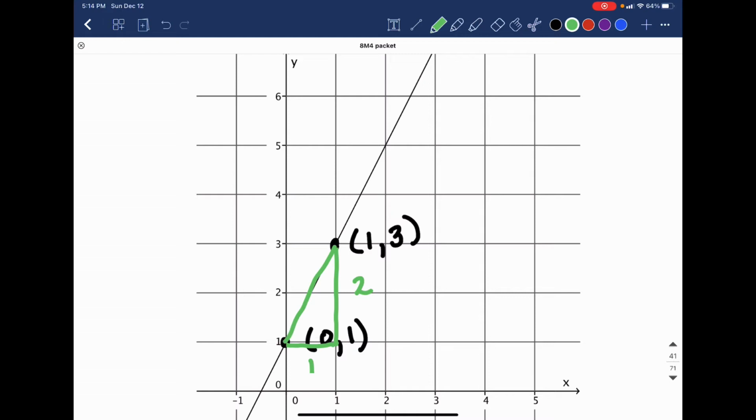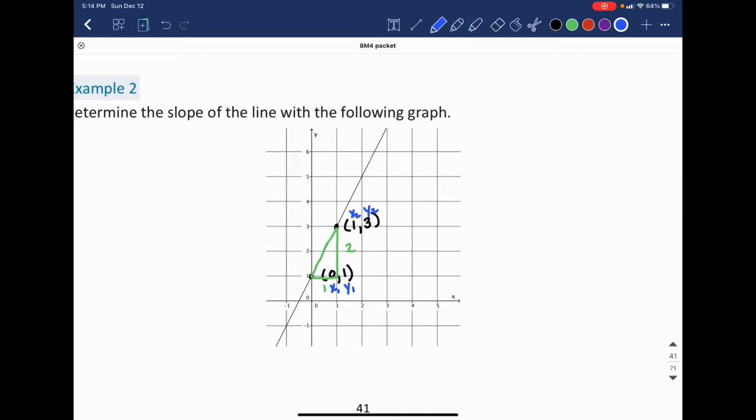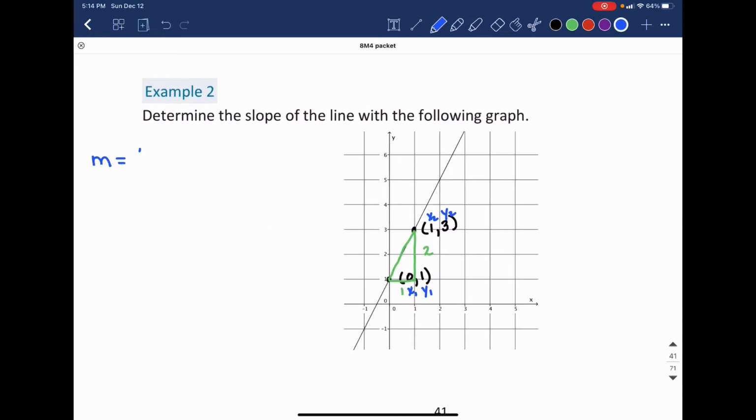Let's take a look. If we use the slope formula, this could be x1, y1, x2, y2. So our formula, m equals y2 minus y1 divided by x2 minus x1. That's our delta y over our delta x.